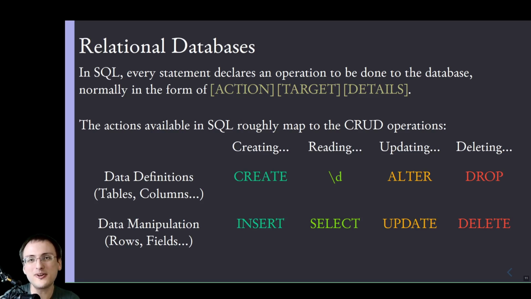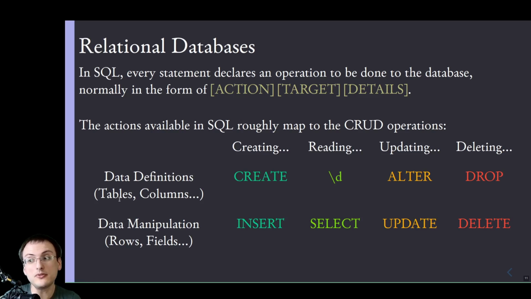And for pretty much every flavor of database, when you want to create a table, for instance, you put the word create, you put the word table, and then you put the name of the table and all of the columns in it. If you want to change a column, you put the word alter, you put the word column, and then you put the name of the column, the table it belongs to, and what you're changing it to. Same thing if you want to delete a table, drop, and then a table, and then the name of it, and so on.